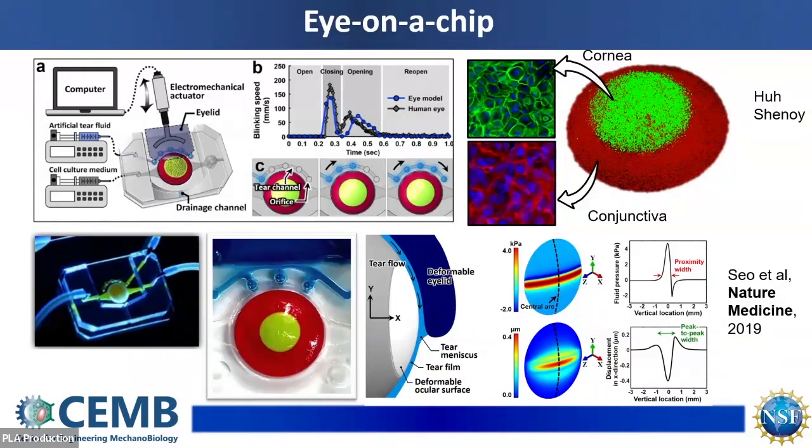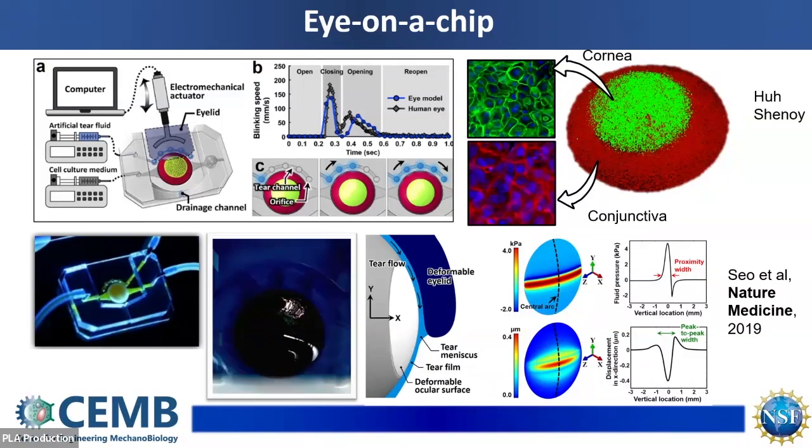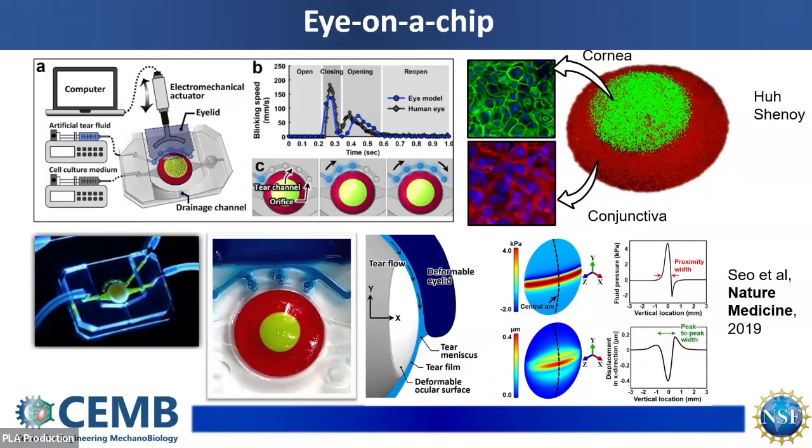What was important was to understand the mechanics of that blinking eye. In the center, if you see here with some of the modeling, and this is Hu and Vivek Shenoy, looking at how pressure changes in that center region, you also get a fair amount of deflection in that center region. And it does impact the differentiation of these cells.